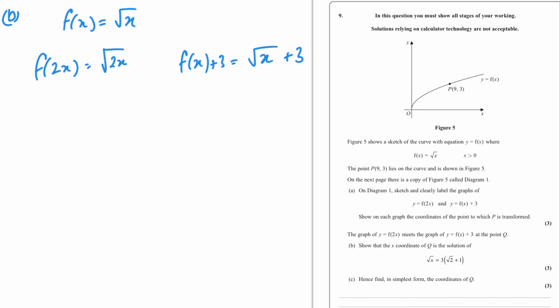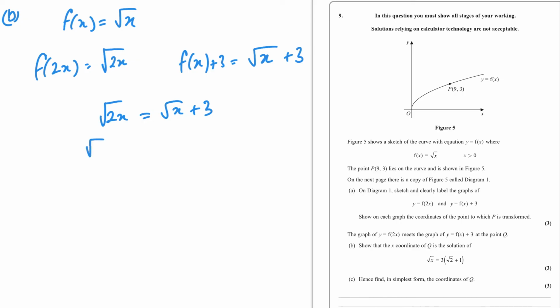Now where they meet or where they intersect would mean that I have root of 2x equals root of x plus 3. Now we're going to end up having to get a root x equals. So while I was originally tempted to square it here, the fact I need to get root x equals means that I shouldn't. So let's look at splitting up the root 2x.